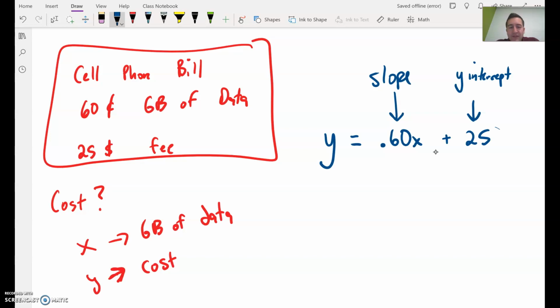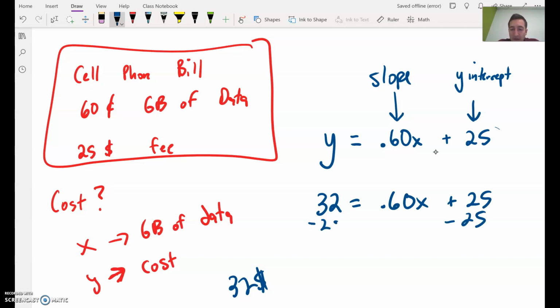Okay? What if I asked you this, and this is where we'll close the video. Your cell phone bill cost $32. How many gigabytes of data did you use? Well, if 32 is the cost, we can plug it right there, and we should be able to work backwards. Minus 25.